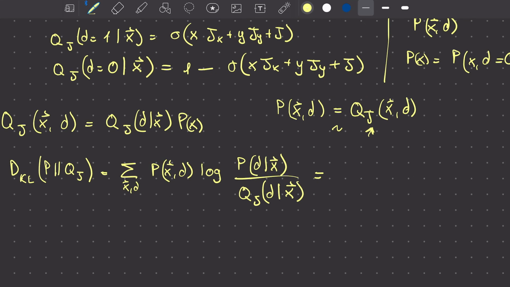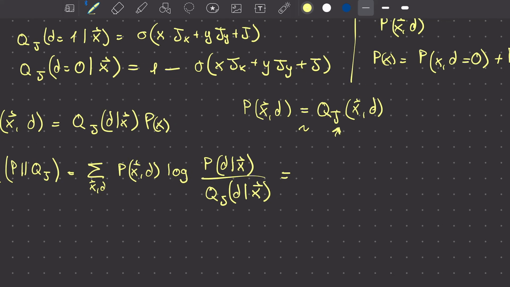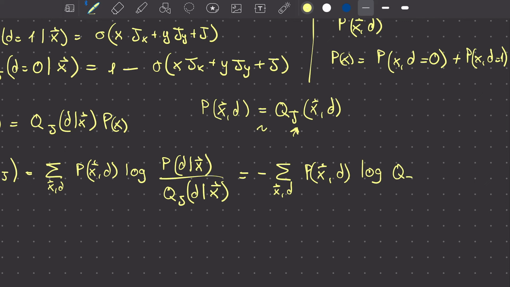If we expand this, we're really just interested in optimizing for j, so we're going to focus on terms that actually depend on j. So this is the true distribution times the logarithm of our model of d for a given x, plus some other terms that we don't care about because they are independent of j.